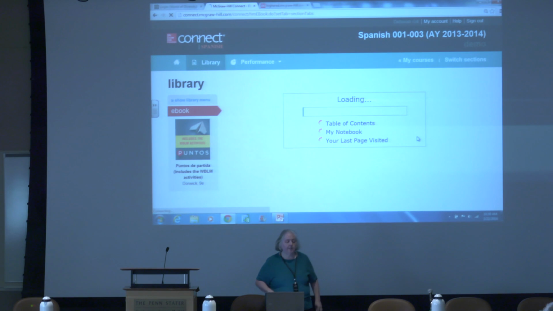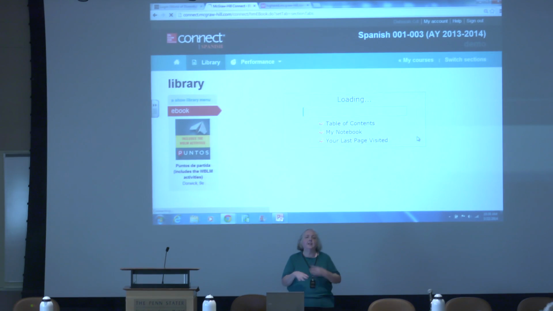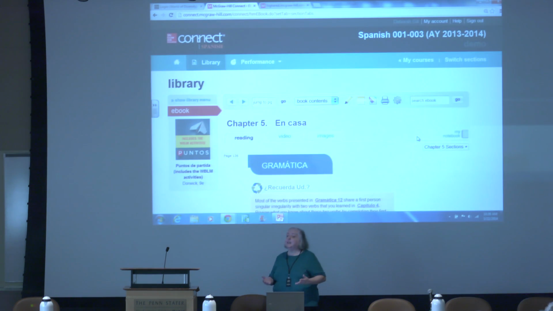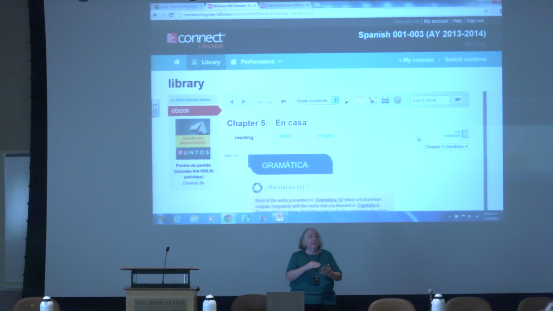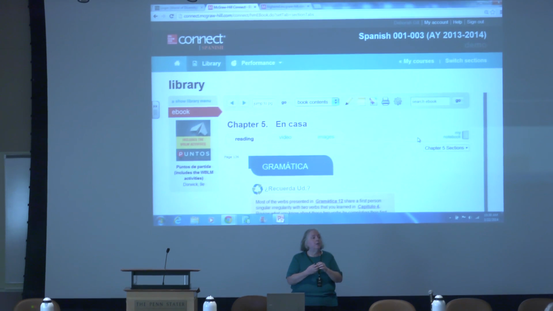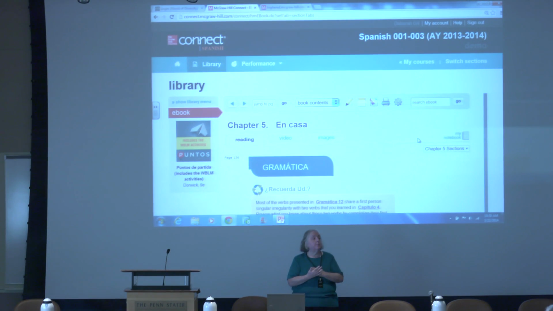All right, I'm going to see if this will load, but as it's loading, I'm going to keep talking. The textbook I'm using is good in the sense that it is made so that it's very easy to flip your classroom. There is an audio feature to do recordings right in the textbook, so I don't have to go to any outside source.